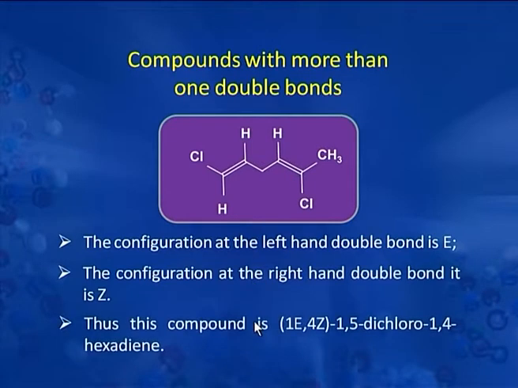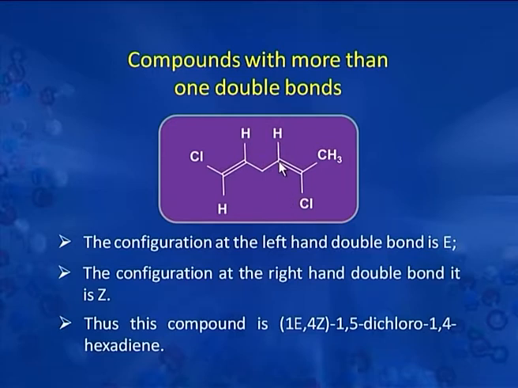So, then we will write the correct name for this compound as 1E,4Z, because in the IUPAC system this will be carbon number 1. This compound is 1,5-dichloro-1,4-hexadiene. So, across the 1 and 2 carbon double bond, which begins at 1, we write the configuration here as 1E.